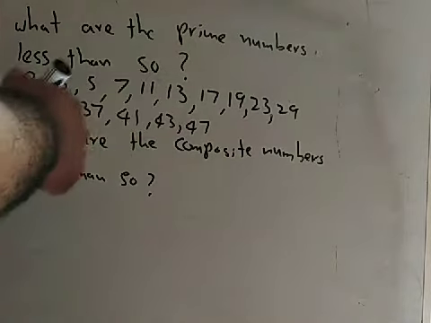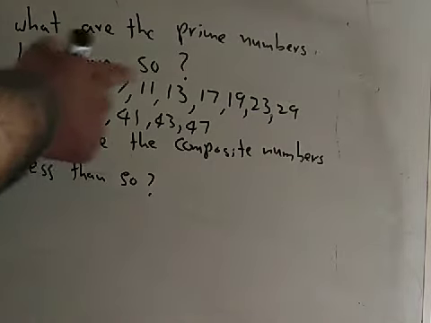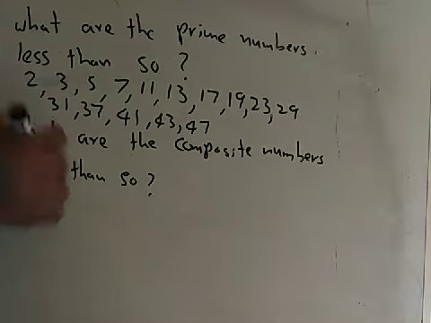Then the opposite of prime is composite numbers. The first composite number is 4.